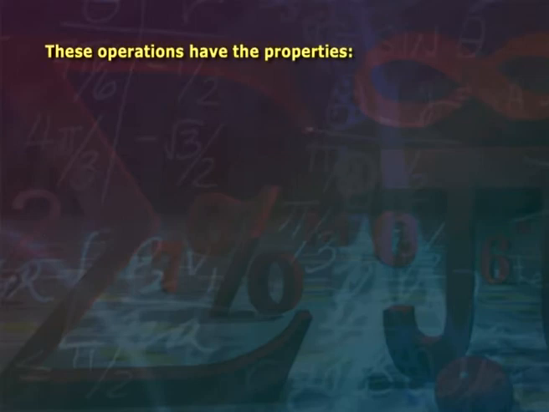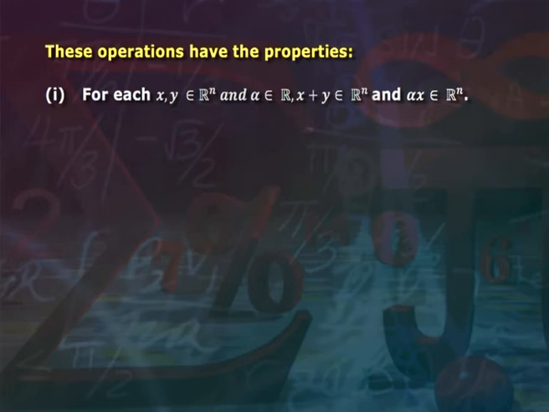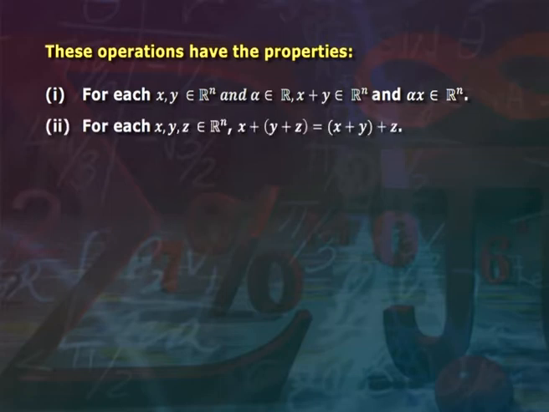These operations have the following properties. 1. For each x, y in Rn and alpha in R, x plus y is in Rn and alpha x also is in Rn. 2. For each x, y, z in Rn, x plus (y plus z) equal to (x plus y) plus z.